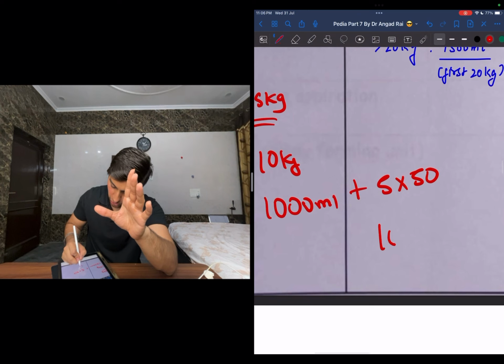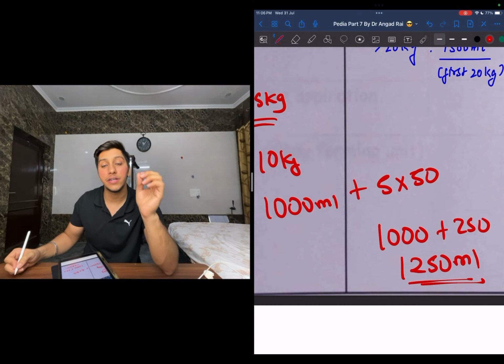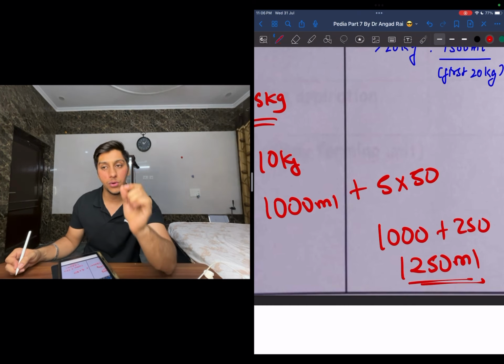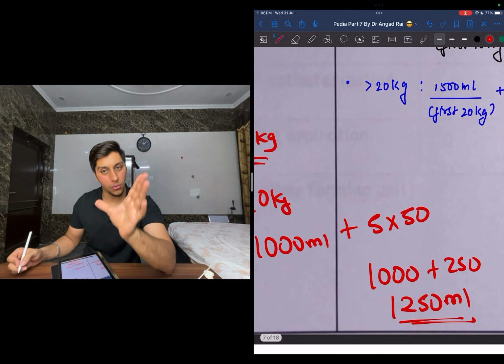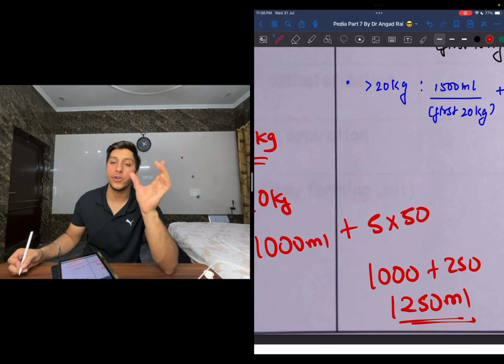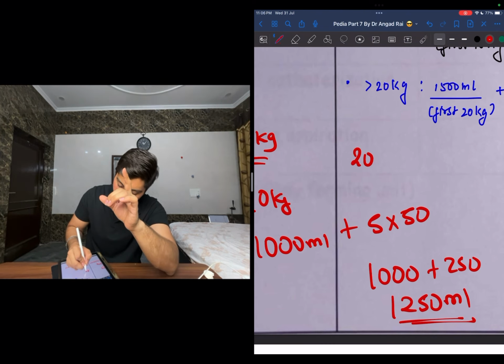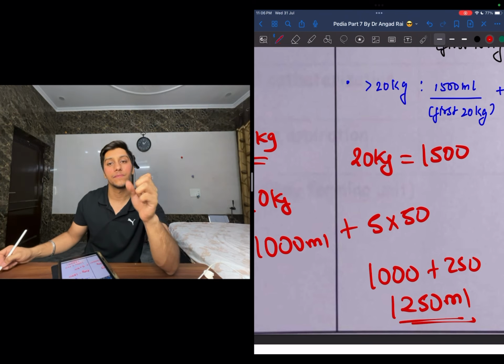So that is equal to 1000 plus 250, that is going to be 1250 ml. That is going to be the daily requirement. That is what you have to give. So using the same logic, first 10 kg was 1000 ml. Then for the next 10, I told you to add 50 ml for each kg. So for 20 kg guys, how much will it be? It will be 1500 ml. Correct?